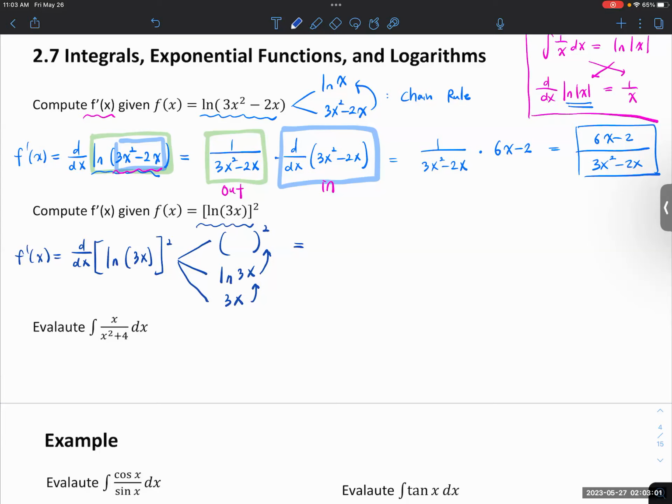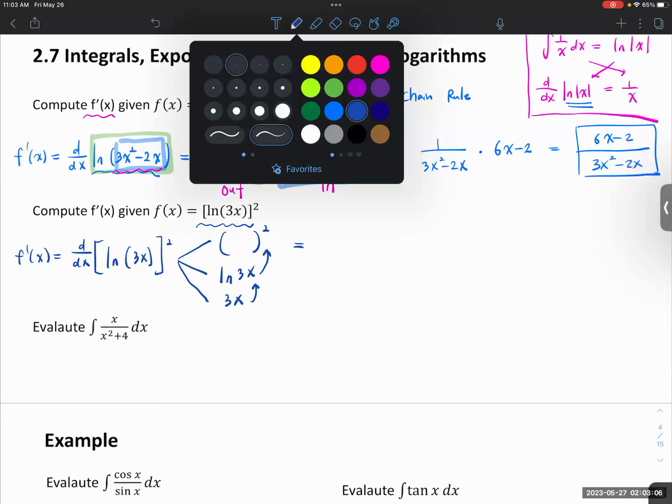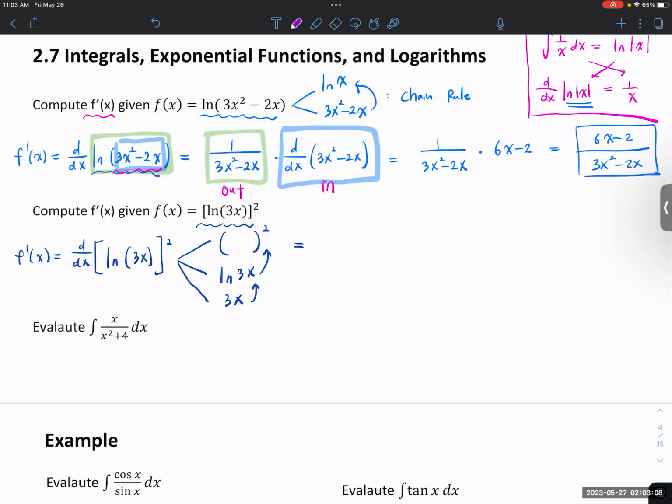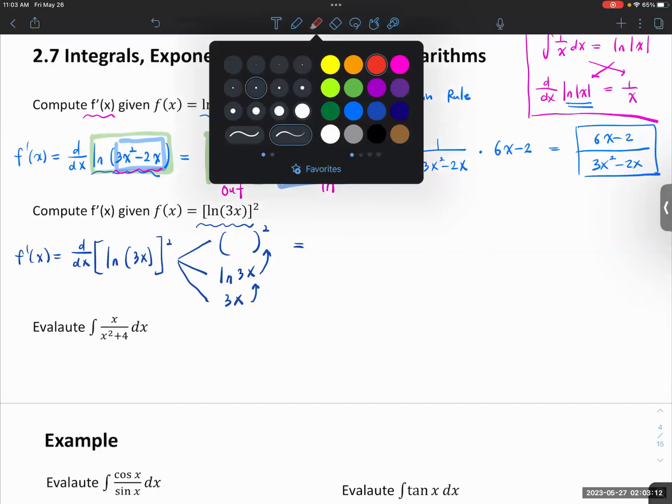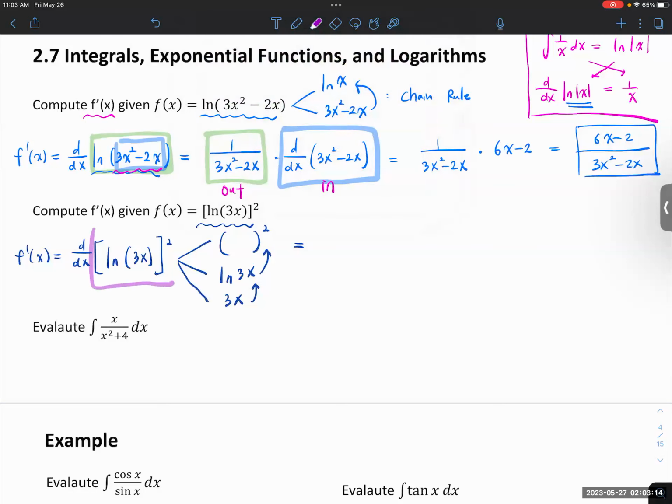So first, the outside. I'm going to change the color. This is the outside. You have a 2 on ln, right? The 2 comes to the front, ln 3x, and then you have a 1 remaining.